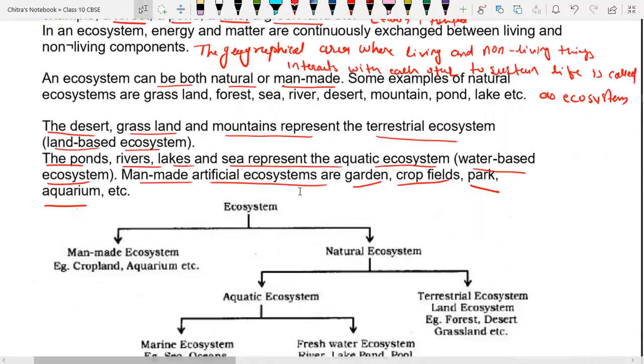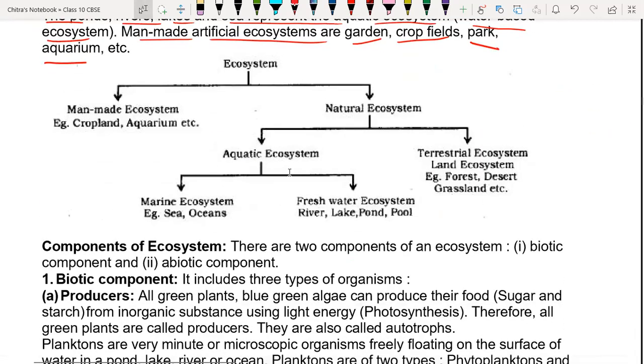Now we will understand the ecosystem concept through a flowchart. Here we have our ecosystem. It is the geographical area where biotic and abiotic components interact with each other to sustain life in living organisms. It is divided into two parts: one is the man-made ecosystem and the other is the natural ecosystem.